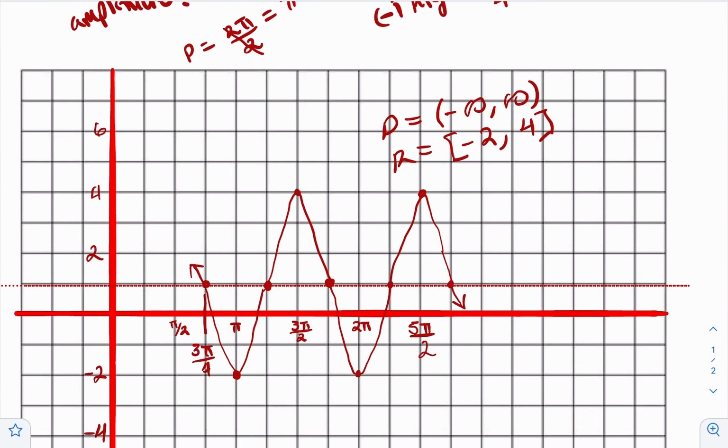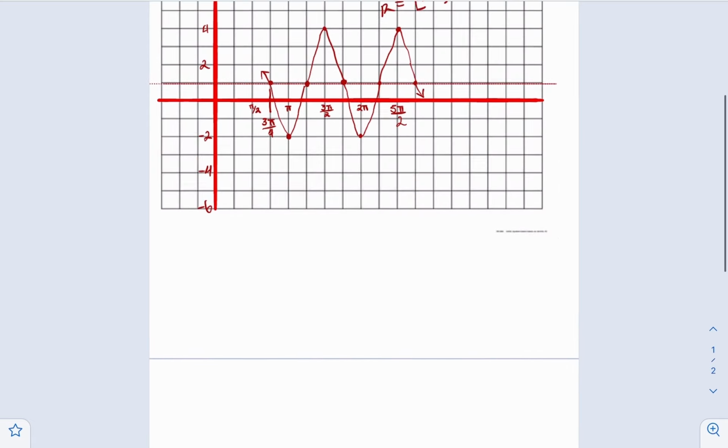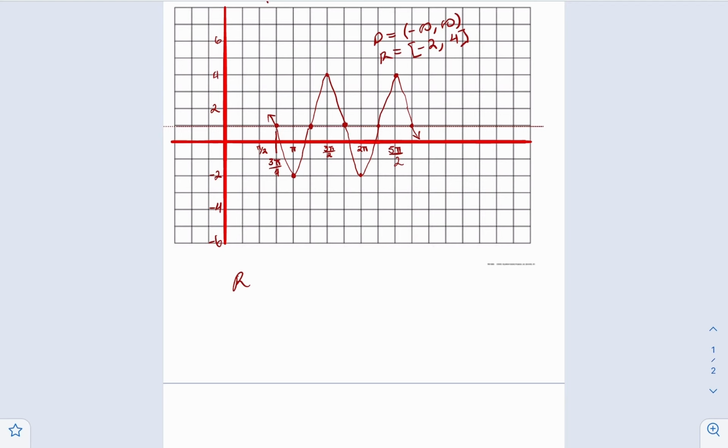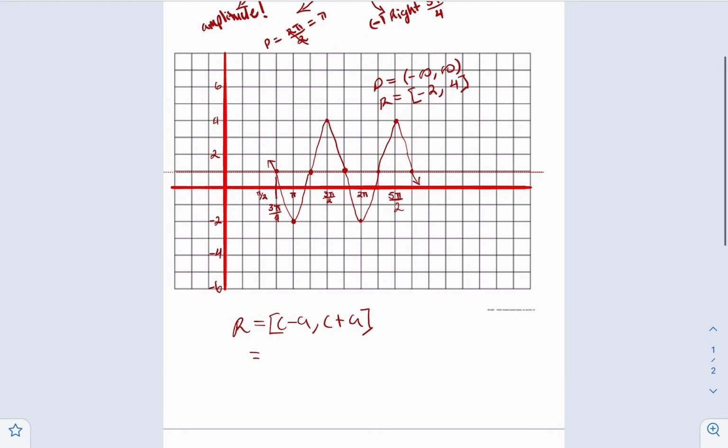Okay? And also, there's a formula for finding the range. Range is equal to C minus A and then C plus A. So what is C here? 1 minus 3, and then 1 plus 3, and you would get negative 2, then 4.